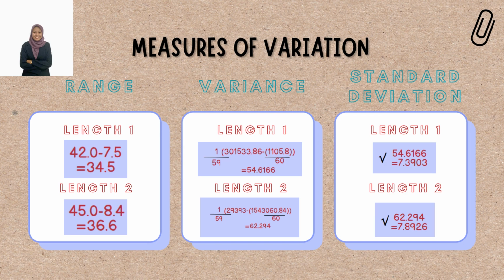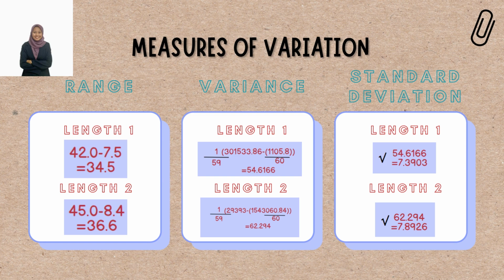For line 2, the variance we get is 62.294. Then for the standard deviation of line 2, we square root 62.294 and we get 7.8926.